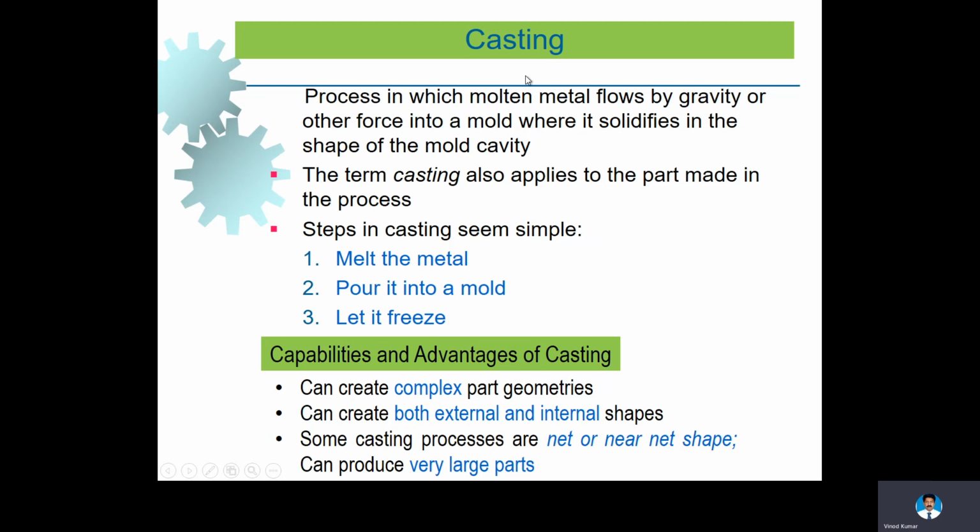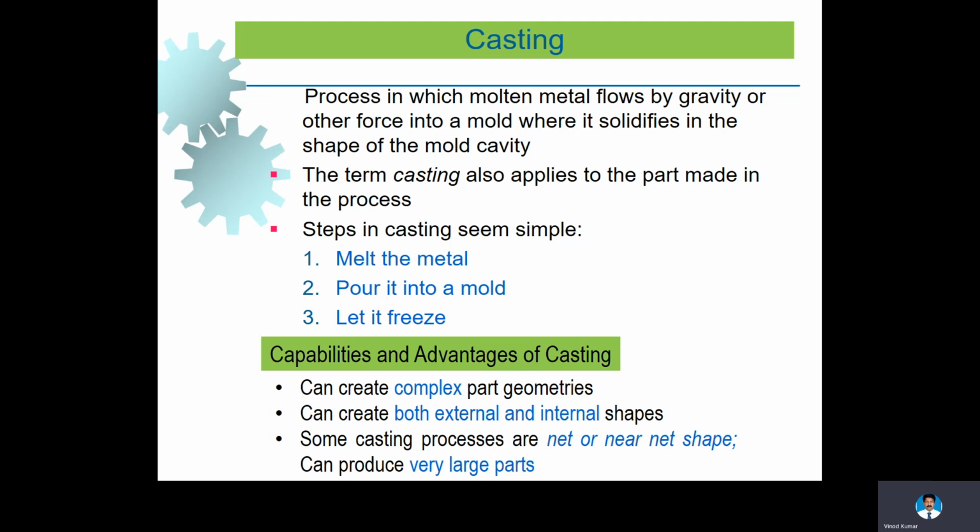What are the advantages of casting? As I said, in our day-to-day life, many items in your car, like engine cylinder, engine head, gearbox casing, compressor casing, impellers, jewelry, many items can be produced by casting. So what are the advantages? Very complicated shapes or complex geometries can be cast.